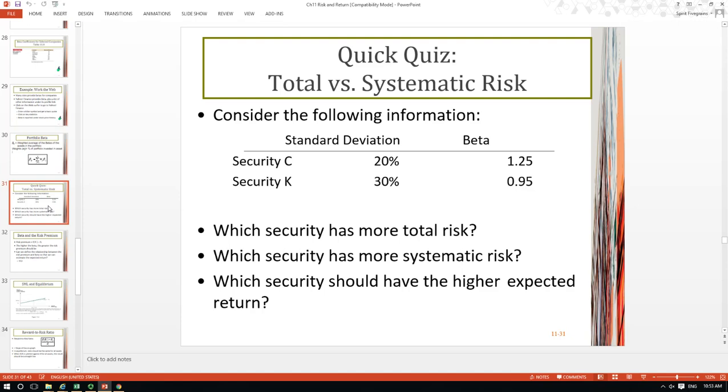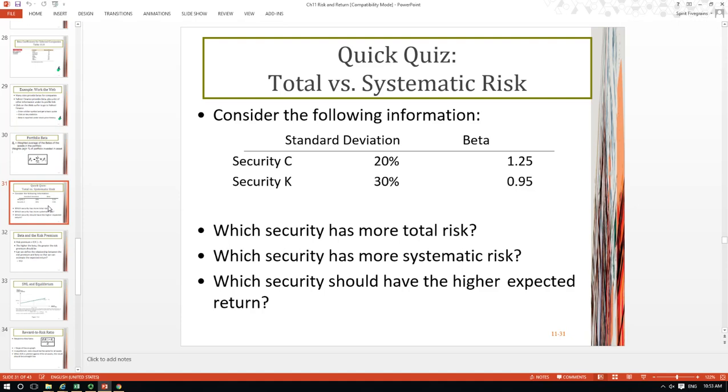If you invest in either security C or security K, which one would you expect to have higher return? That is a pretty tricky question, right? And some people say, hey, higher risk means higher return, but here you need to distinguish systematic risk and unsystematic risk. And in terms of standard deviation, you would say, hey, I expect to earn higher return if I invest in K instead of C, right?